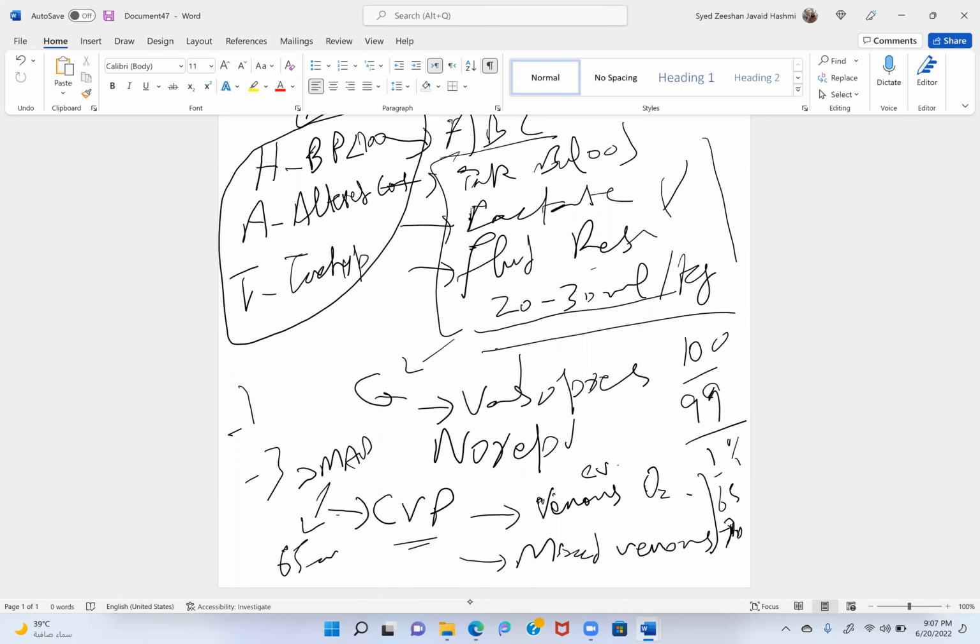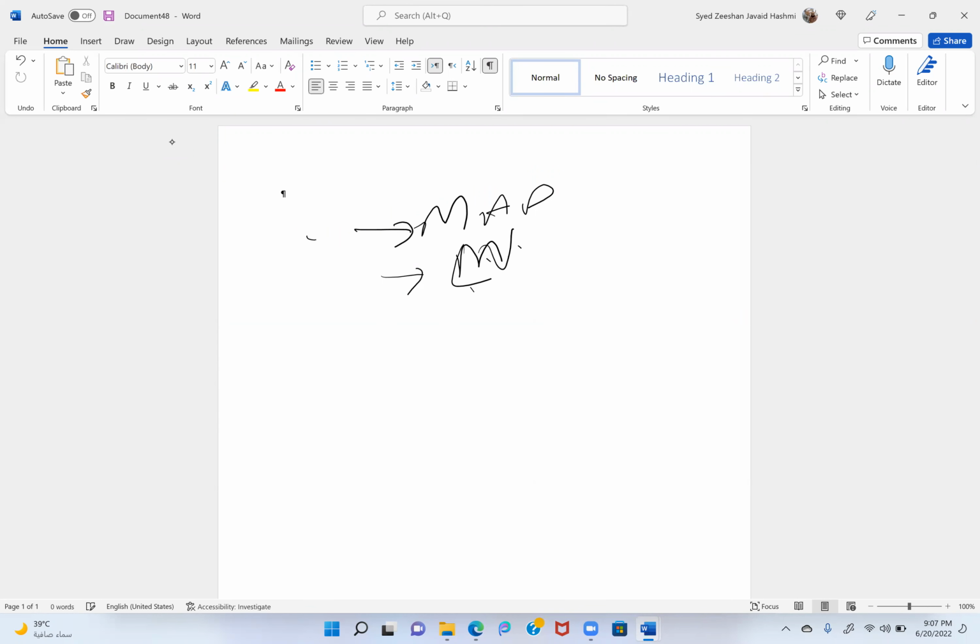Yes, sir. Okay, so you are adding vasopressor, and now again you are trying to achieve the mean arterial pressure. You are trying to get the mixed venous oxygen. Of course, the pulmonary artery catheter is not being used now, so you are using the central venous oxygen saturation, and then you are also monitoring the urine output.